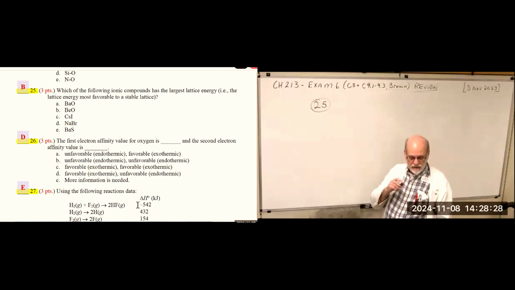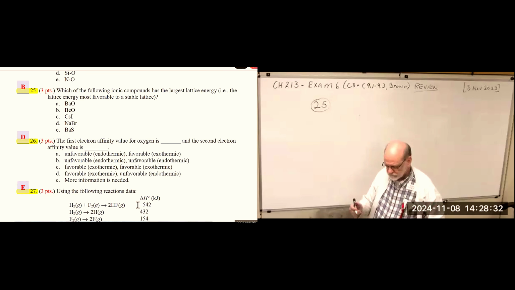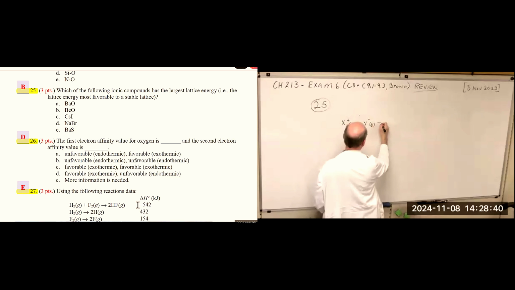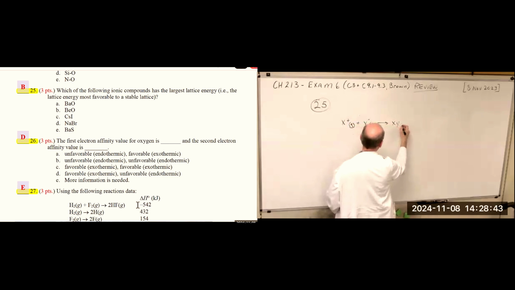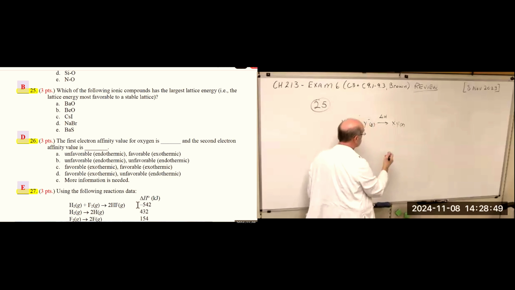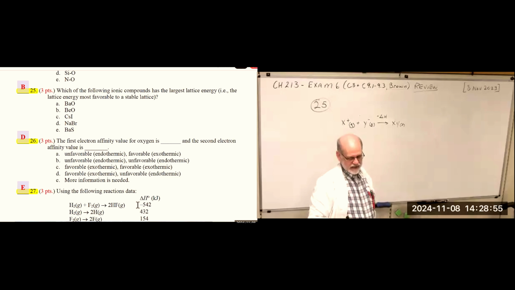All right, when we say the largest lattice energy, that is when those gas ions come together and make that solid, the greatest, the most negative, delta H for that, give up that energy, is the most stable.